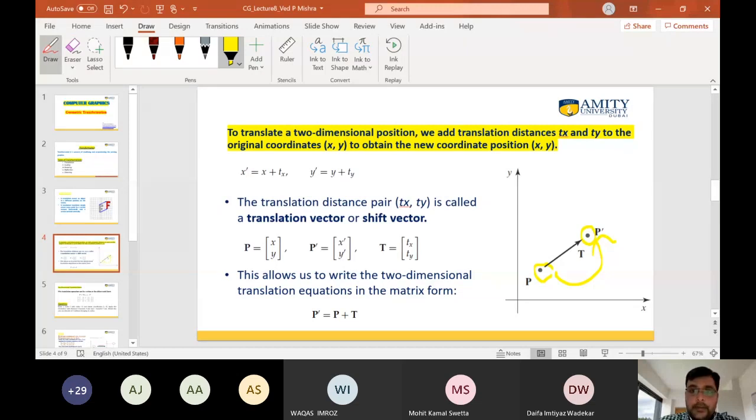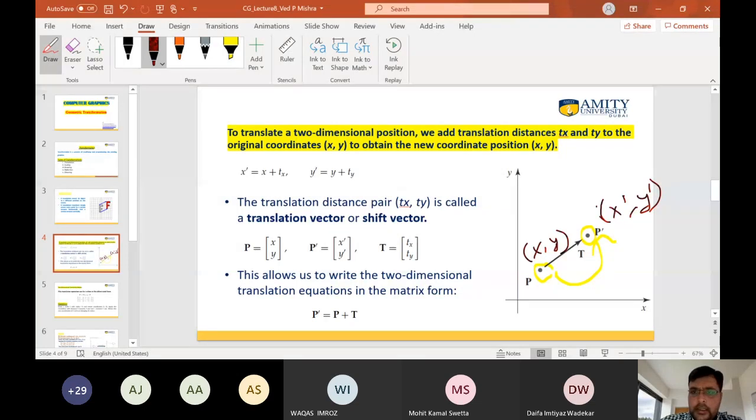Suppose your P coordinates are x, y, and P dash coordinates are x dash, y dash.